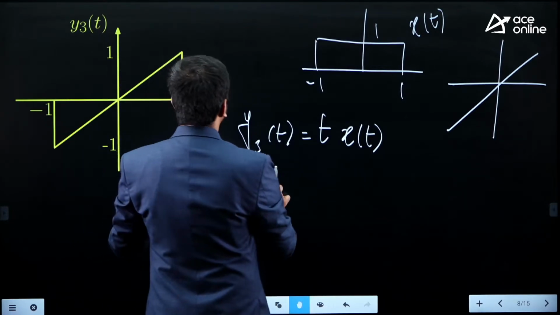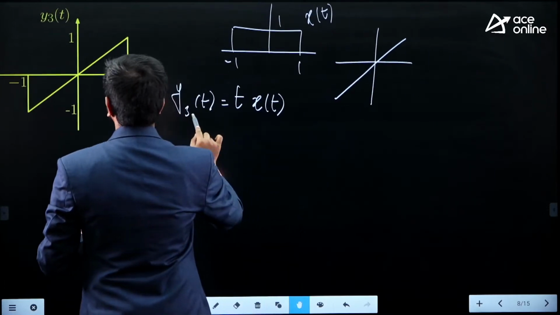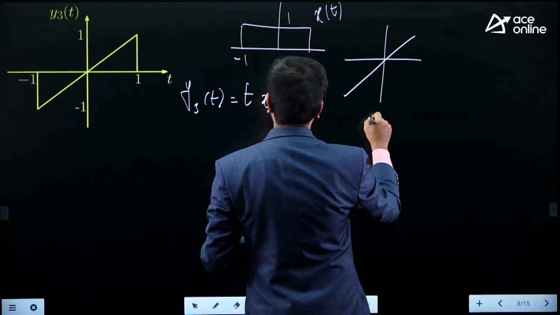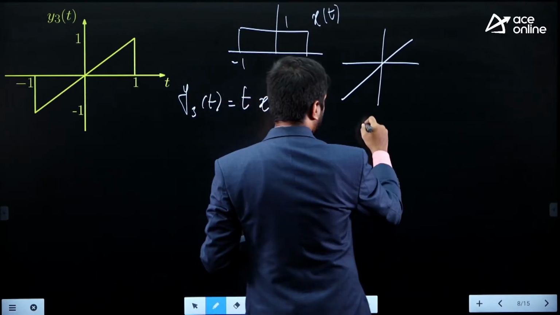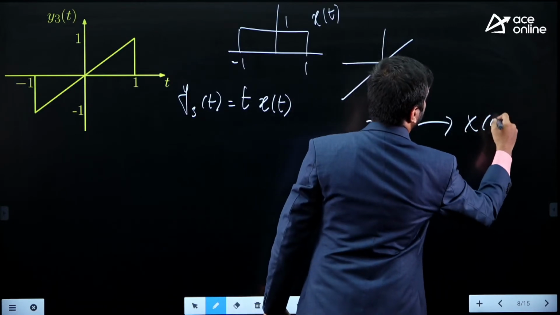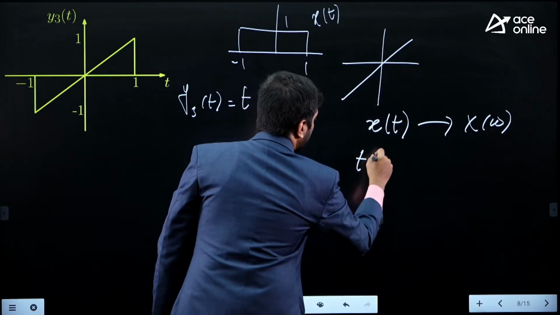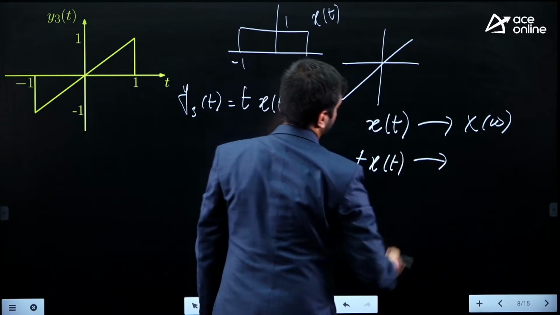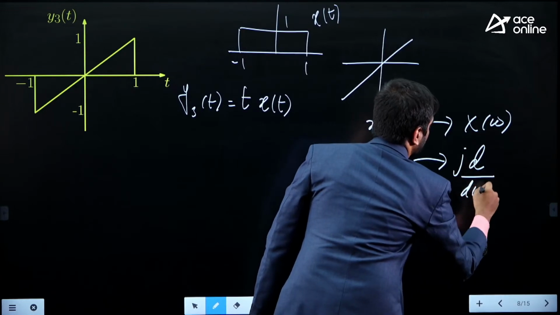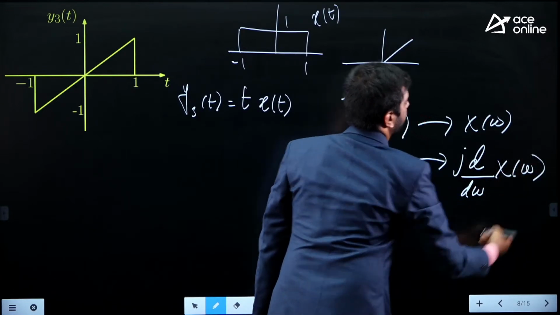We have an interesting property, and that property is as follows. If x of t has Fourier transform X of omega, then t into x of t has Fourier transform j d by d omega of X of omega.